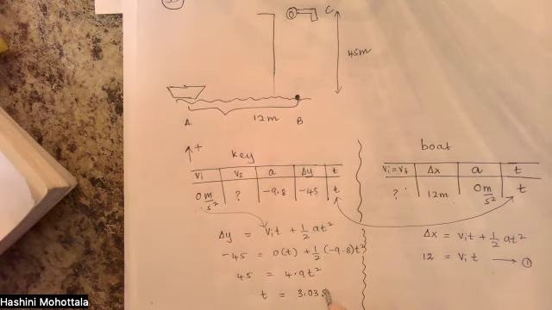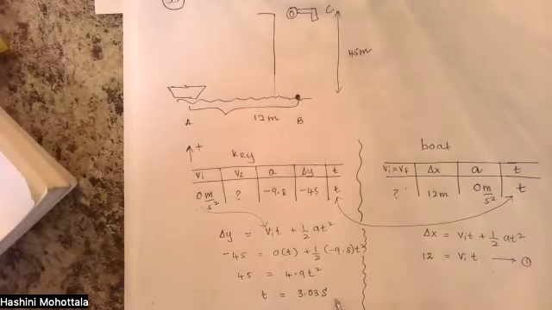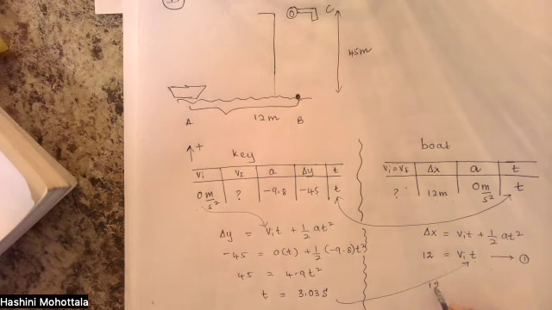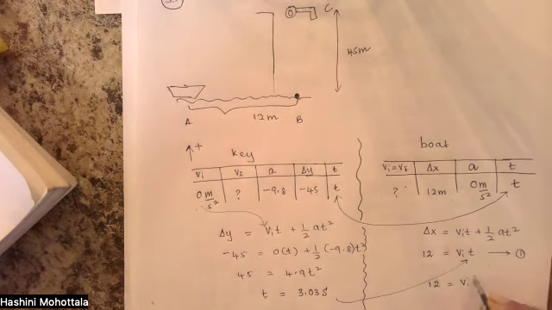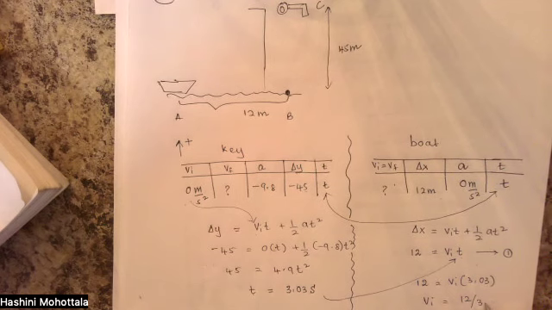3.03 seconds. And then when you take it to the equation over there, because it's the same time that they are sharing, 3.03, you can find the speed of the boat, V initial, 12 divided by 3.03.